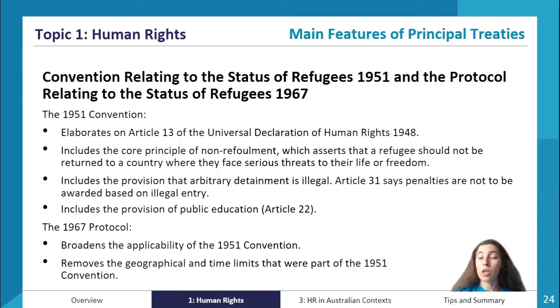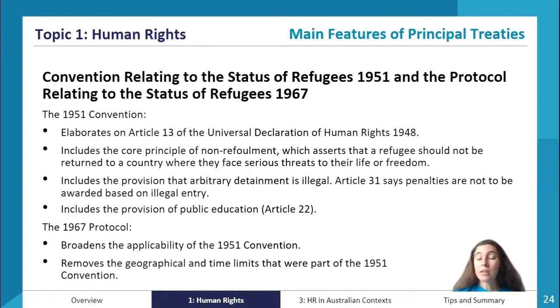So if a refugee illegally enters a country, they can't be penalized because of that. And it also includes the provision of public education in Article 22. So refugees have that right to receive an education in the country that they're in.